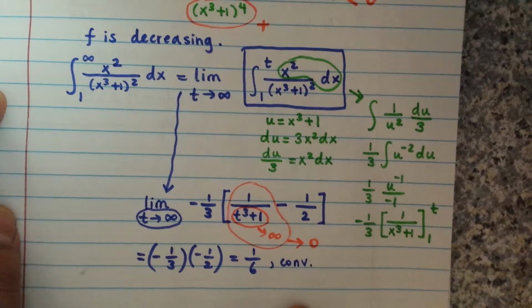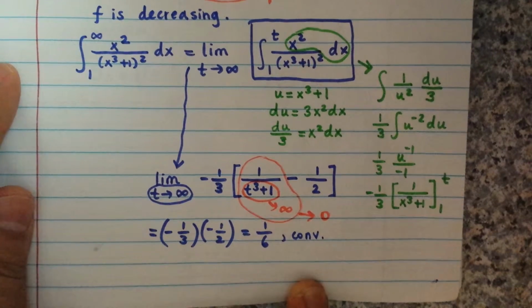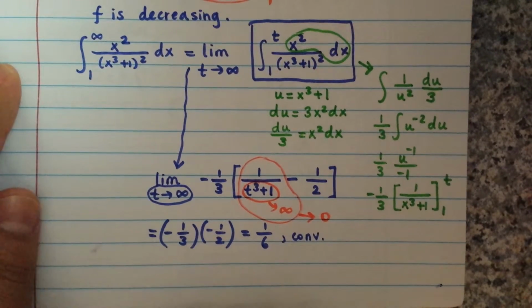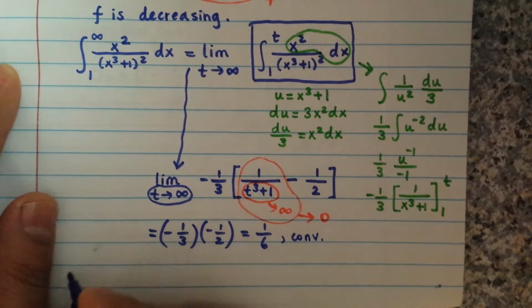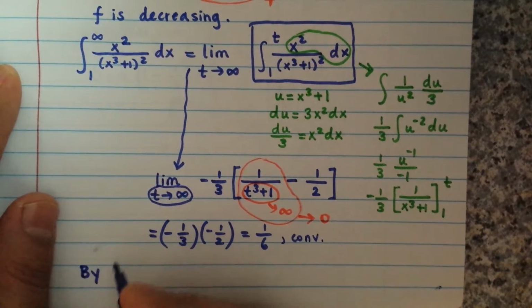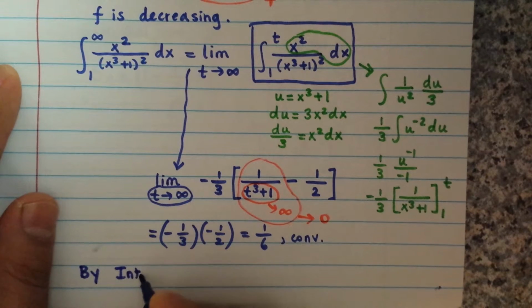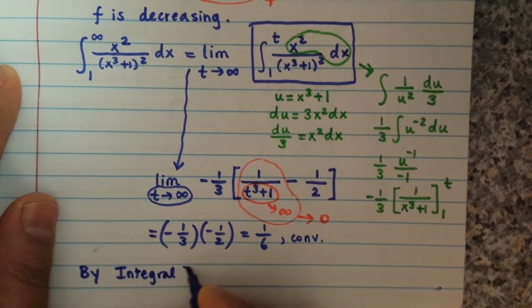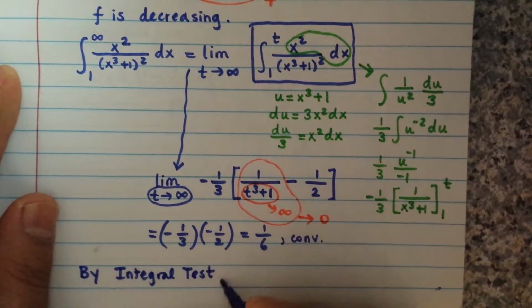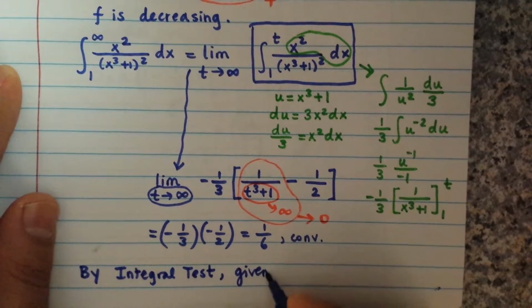But we know by the integral test, if this improper integral is convergent, then they have the same behavior. So by the integral test, the given series is convergent.